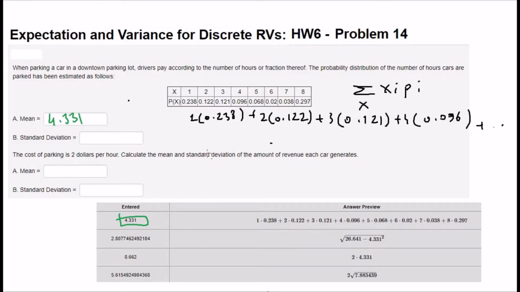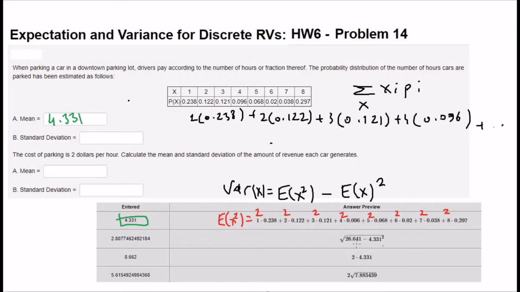And standard deviation is the square root of the variance. For variance, we need to find the expectation of x squared and then subtract the square of the expectation of x, by definition. So the expectation of x squared is 1 squared times the probability, 2 squared, 3 squared, 4, 5, 6, 7, and 8 squared times the probability that belongs to that x.